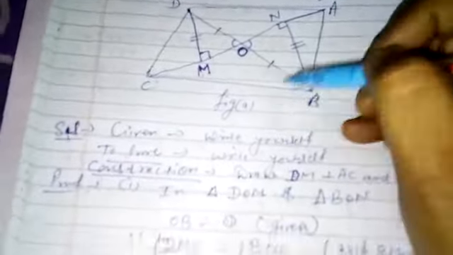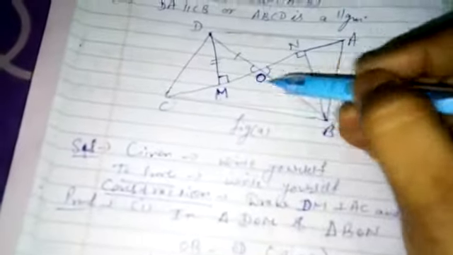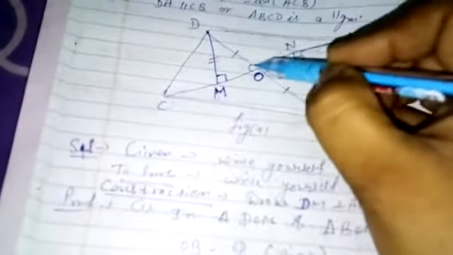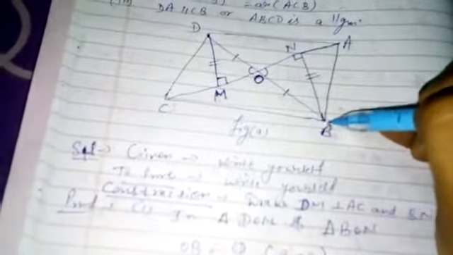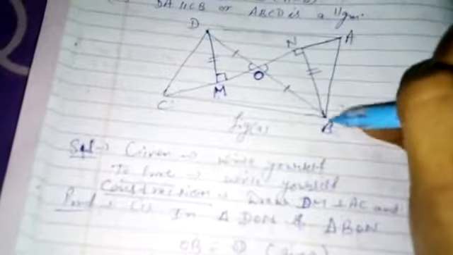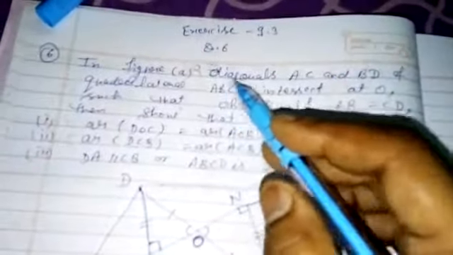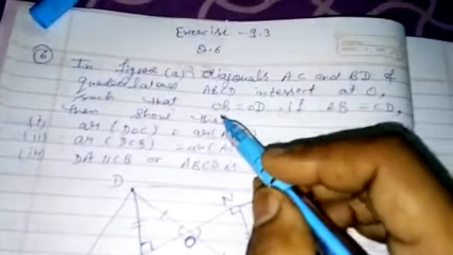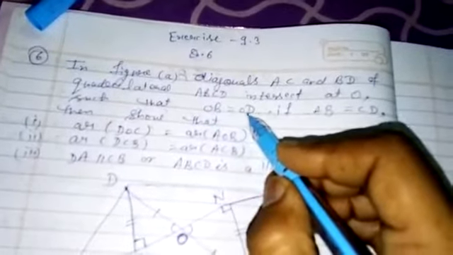And now OB is equal to OD, which is given to us. Diagonal AC is there, such that OB is equal to OD.